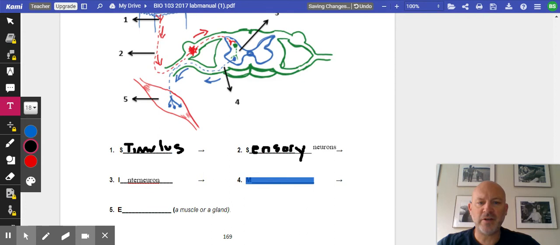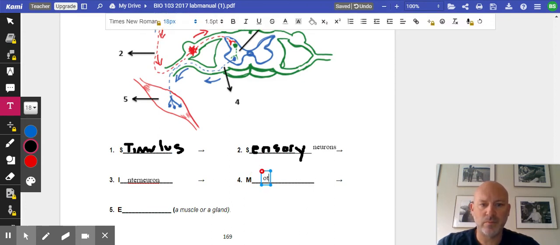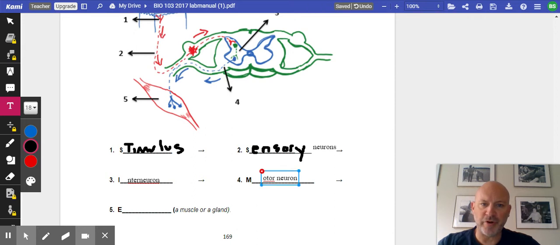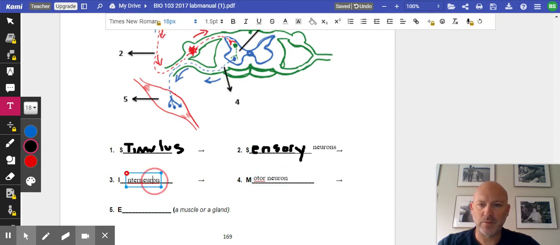The interneurons to the motor neurons. And then from the motor neurons, it goes out the ventral side.